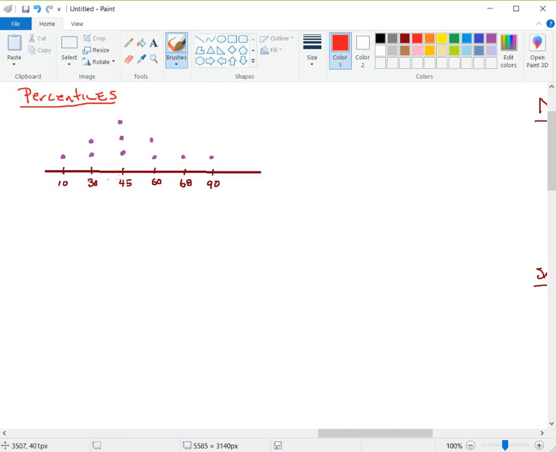And this dot plot, let's just say it represents test scores. This is something everybody can relate to. Test scores. So one person scored a 10, two people scored a 30, three people scored a 45, two people scored 60, 168, and 190.